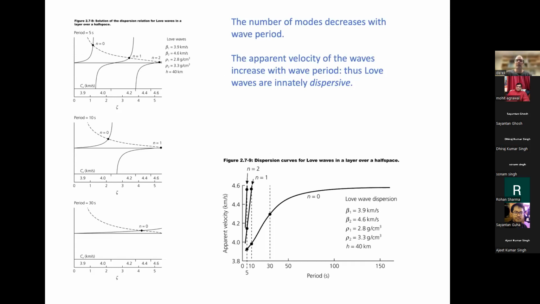So the apparent velocity of Love waves increases with wave period. Again, I'll show the example of the fundamental mode n equals 0 Love wave. It goes from lower velocities to higher velocities with longer periods. This means that Love waves are innately dispersive.